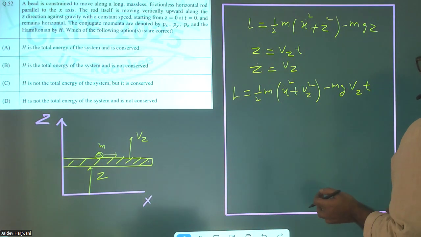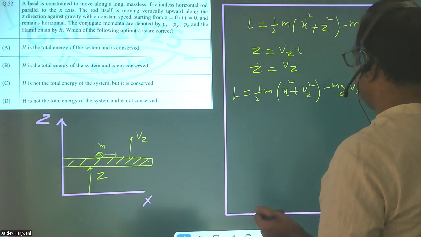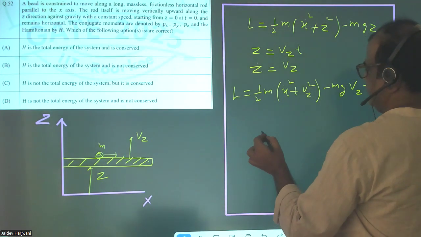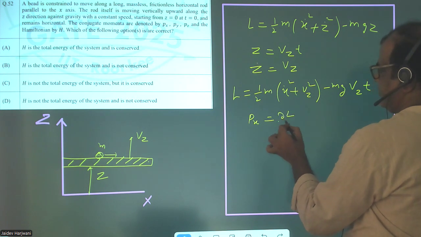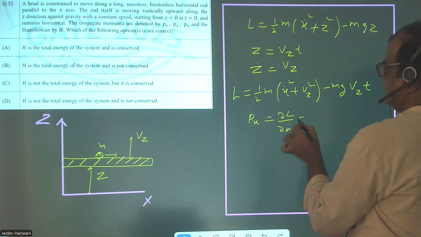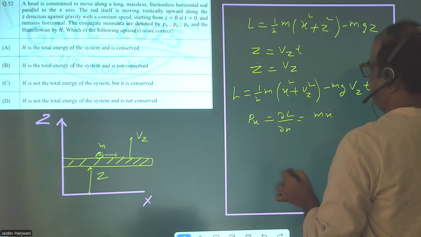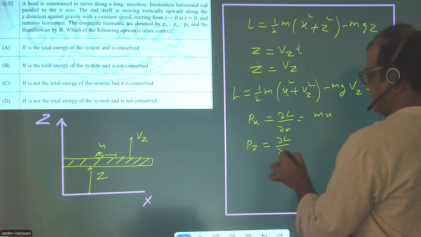Now let us find the Hamiltonian. For that, first we have to write px, the conjugate momentum, del L upon del x dot. So this will be simply m x dot. And now you have pz, which is del L upon del z dot.